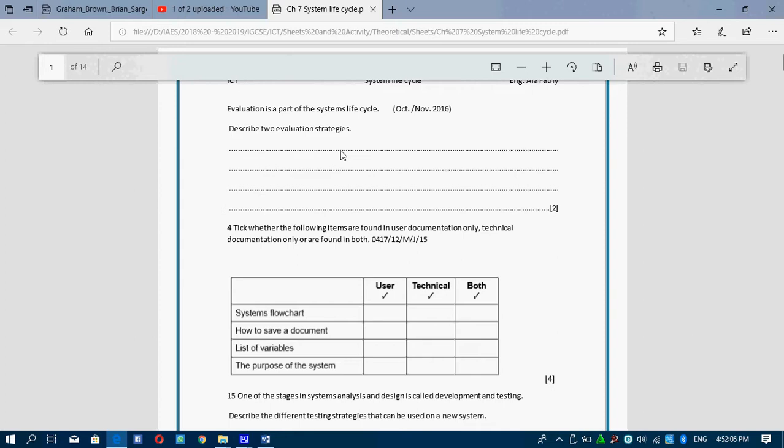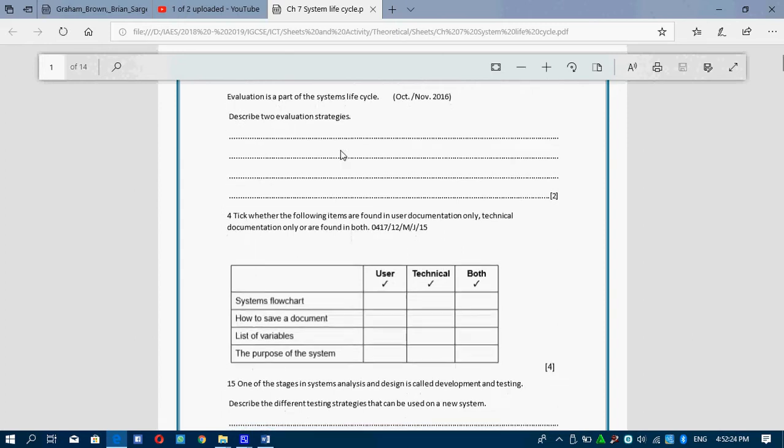And also, we can get feedback from the user of the new system, or compare test results from the new system with the old system. So these are the ways to evaluate the new system.